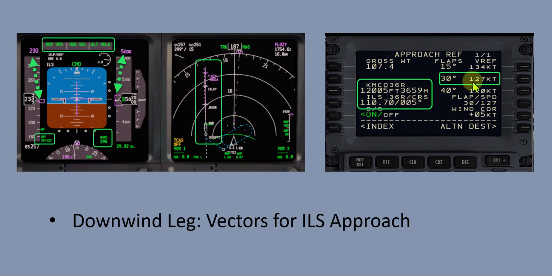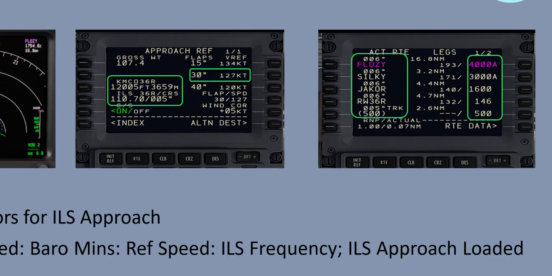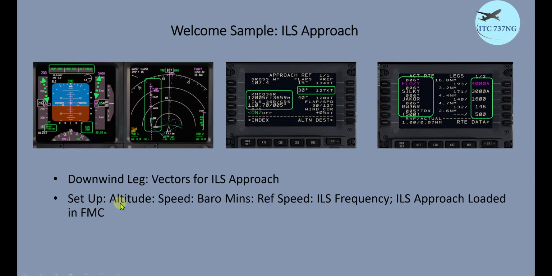We also have selected this 30-degree flap speed for approach and final approach and landing. And here are the waypoints and their altitudes that make up the approach. So anyway, the setup is what I just described.